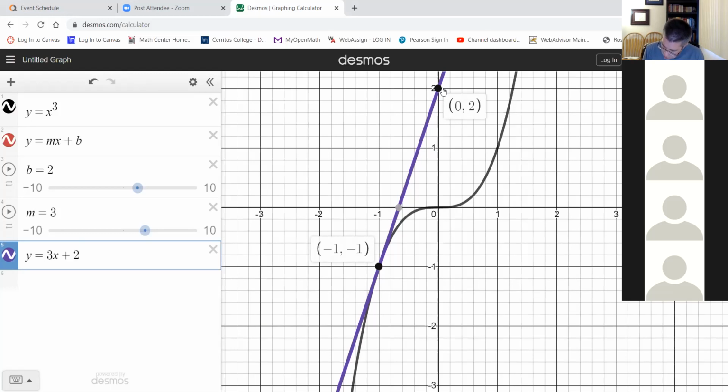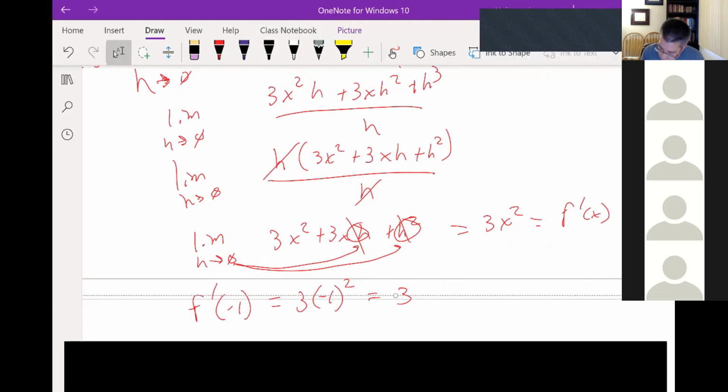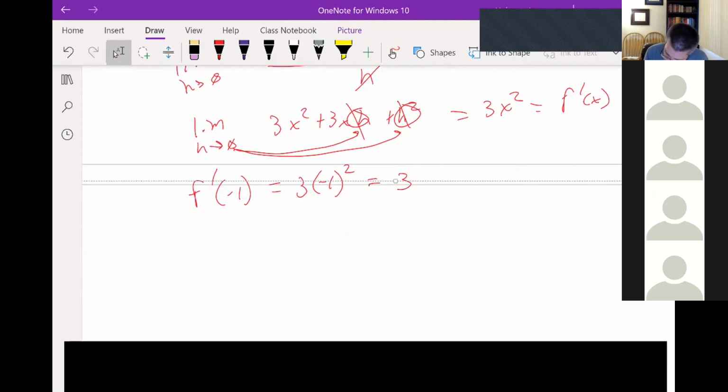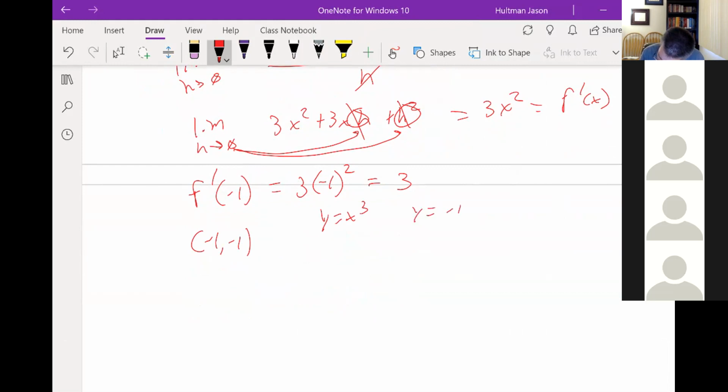I could show you that the equation of the tangent line is the line that goes through -1, -1, right? Because what is y equals x cubed? If I plug in -1, y is equal to -1 cubed.